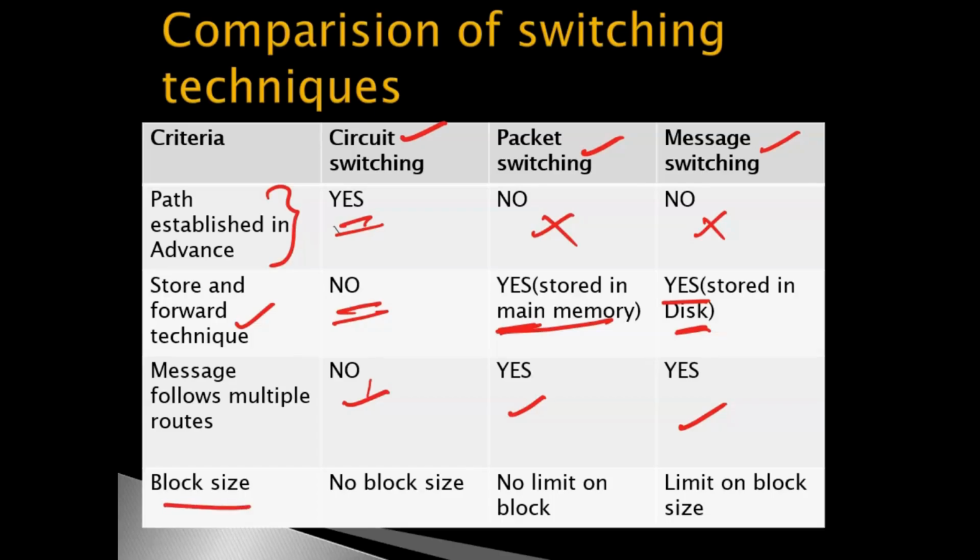What about block size? There is no fixed block size in circuit switching, but here there is no limit on block size. We can select the number of blocks ourselves and send them in packet switching. There is no limit on block, but in message switching there is some limit on block size.